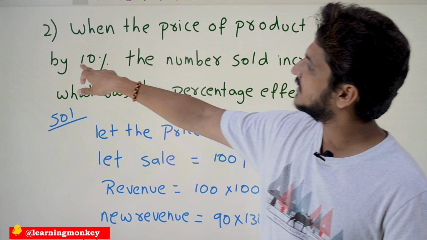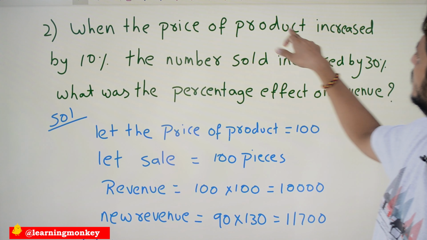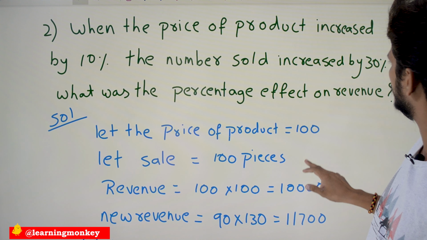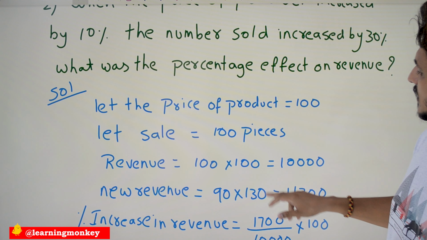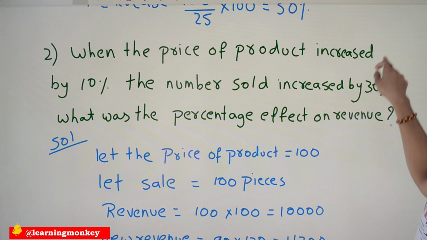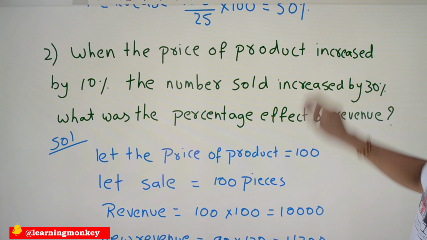So when the price of the product increased by 10%, the number sold increased by 30%. Sorry, it was written wrong. The price of the product decreased here, it's not increased, decreased.